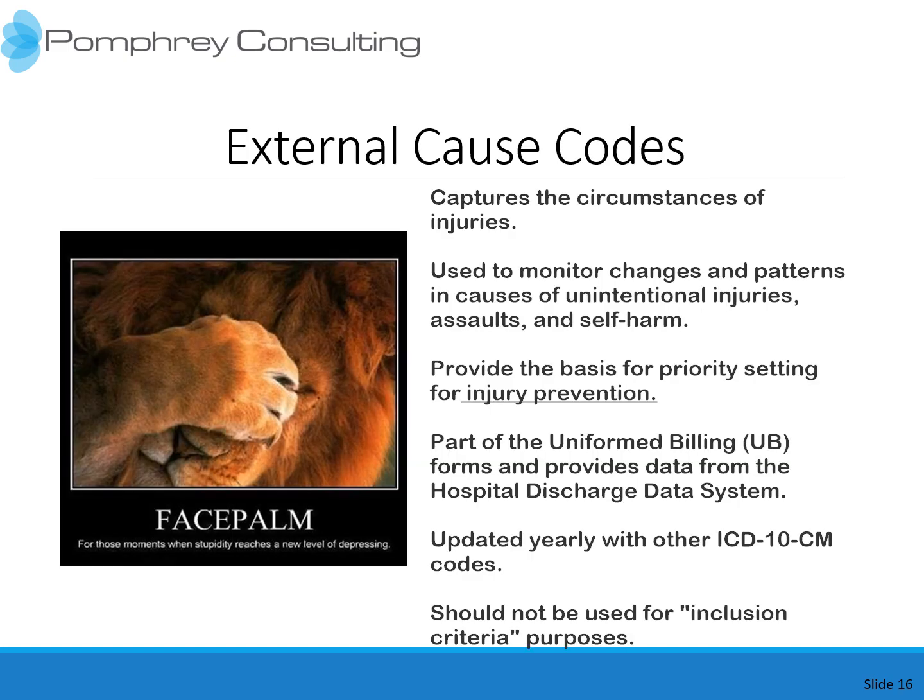External cause codes, that should give you some context around the definition, is that these codes capture the circumstances of an injury. This will let you know and be used to monitor any changes in patterns and what causes an unintentional injury and assault, or if a person has done some self-harm. For example, if a patient fractures their femur, maybe they fractured their femur because they were riding on an ATV.